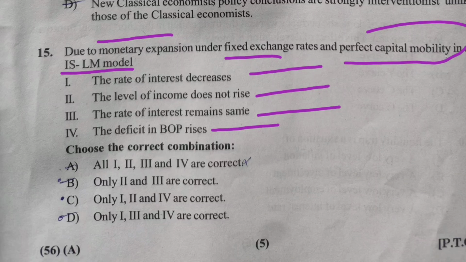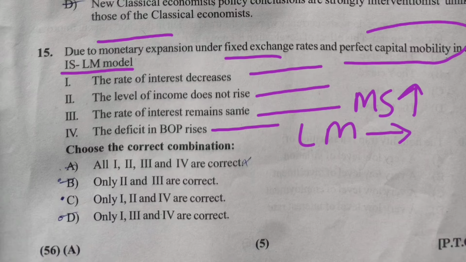Now, when the central bank attempts to implement expansionary monetary policy by increasing the money supply, what will happen? LM will shift right, causing the rate of interest to decrease. However, we have perfect capital mobility here.